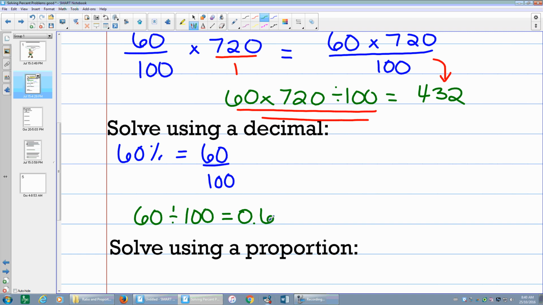That is the decimal. And that's what I'm going to use. So when I'm using the decimal, my first step that I have to do is I have to get that into a decimal. I have to write 60% as a decimal. My step 2 is I'm going to multiply. I'm going to multiply the decimal, 0.6, by the total amount, and the total amount of students I have is 720.